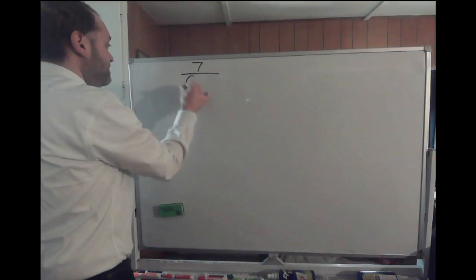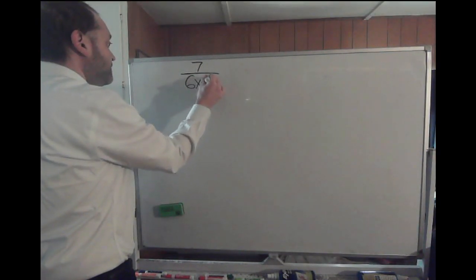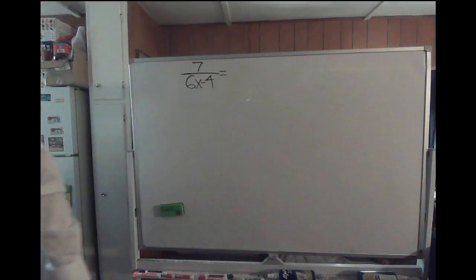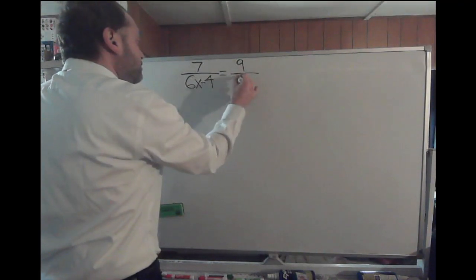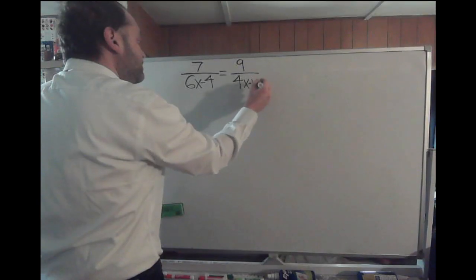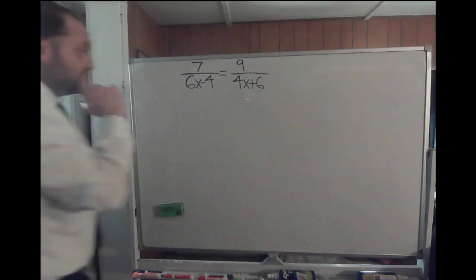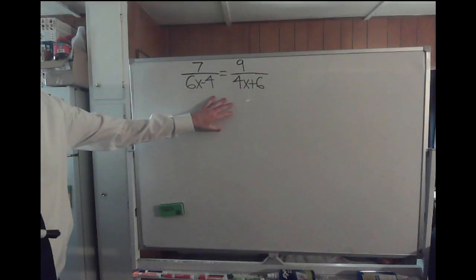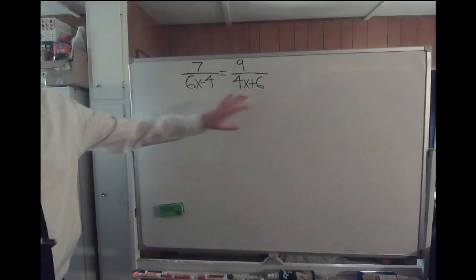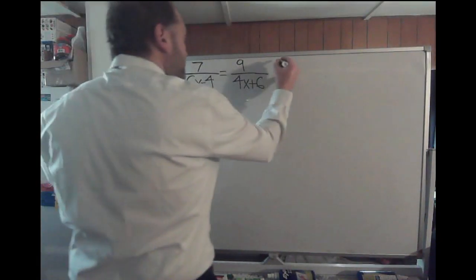So 7/(6x - 4) is equal to 9/(4x + 6). Okay, so this time both denominators have x expressions in them. So you've got to take both denominators and set those equal to 0.